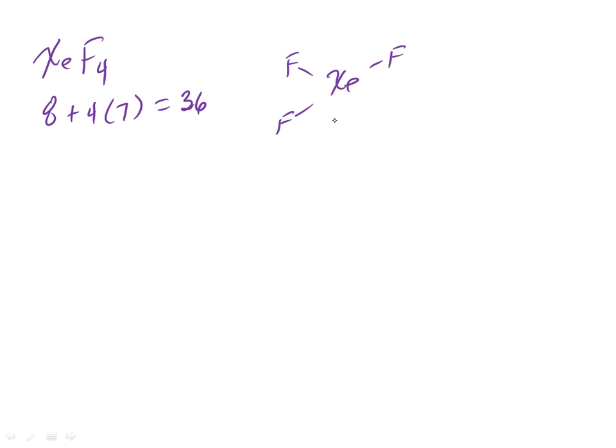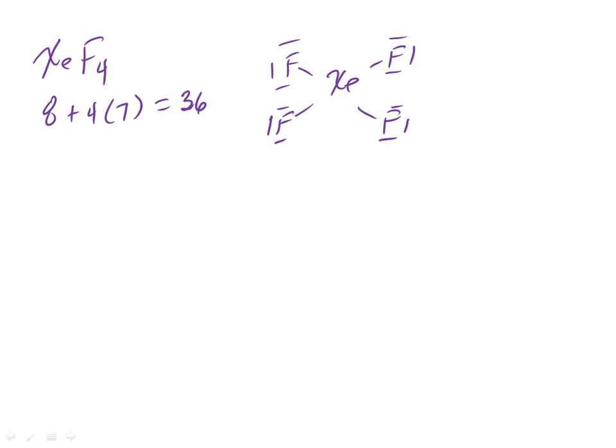The next molecule would be xenon tetrafluoride. Xenon has 8 valence electrons. Fluorine has 7, so we're dealing with a 36 electron system. And you would put the xenon here, and the fluorines like so. And I'm going to use lines. Here's a real quick way to do Lewis structures. Each line represents a pair, right?